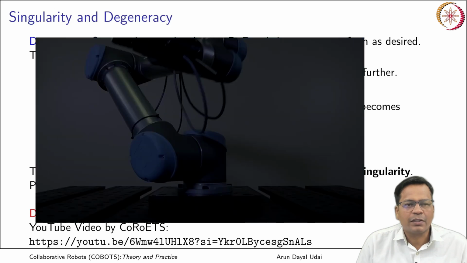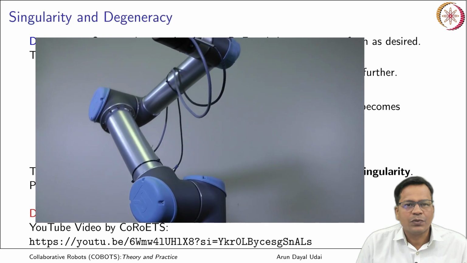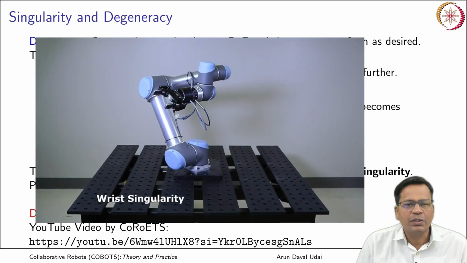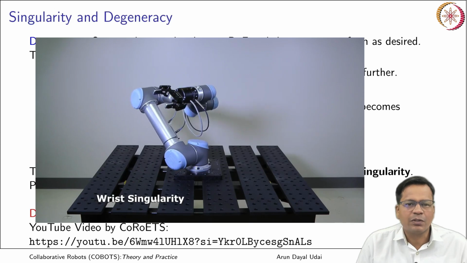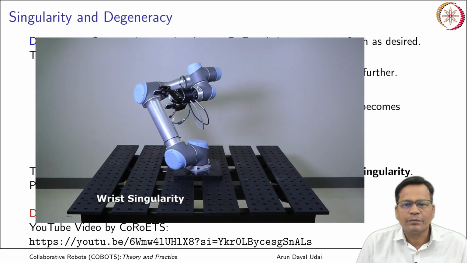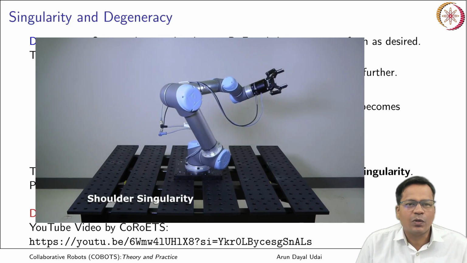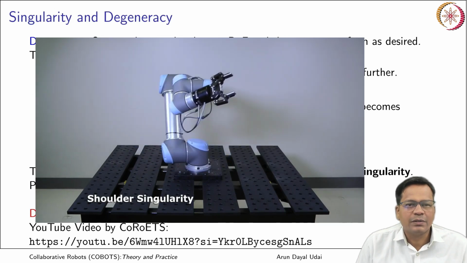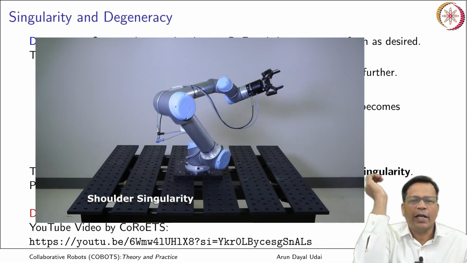It gets stuck. There are infinite solutions for that particular pose, that is wrist singularity again. This is shoulder singularity. You saw in between it had infinite solutions again.